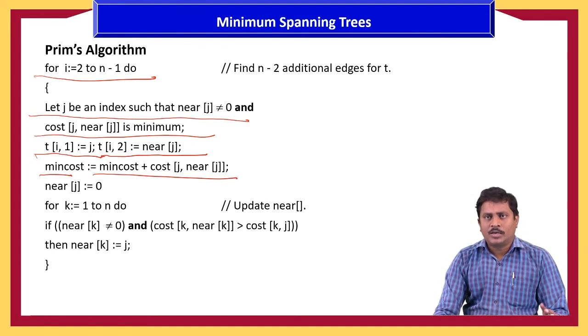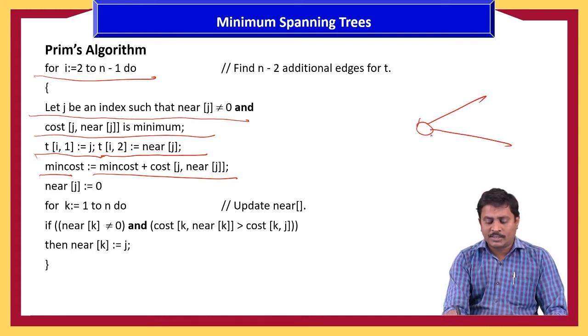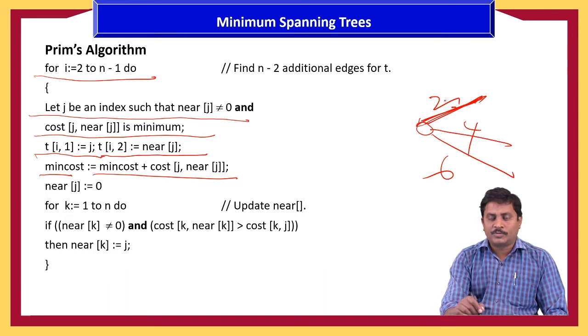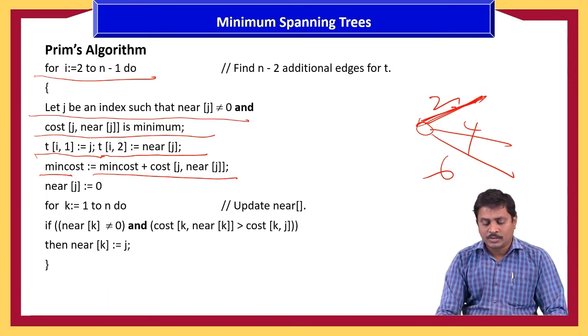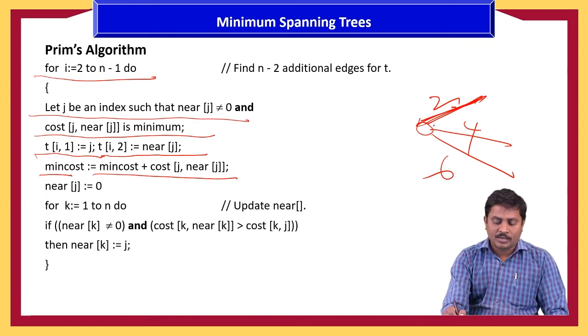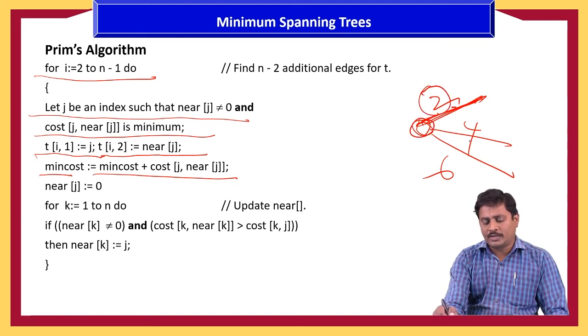So we check the condition. Suppose one vertex is connected to another 3 vertices, and the cost values are 2, 4, 6. Among these values, which one is minimum? We choose that minimum value as the minimum cost value. First compare this one with the remaining 2 values.